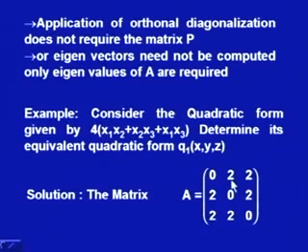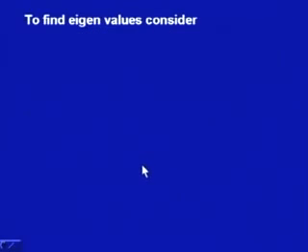Since all the square terms are absent, the diagonal will be 0, and it is 2 here and 2 here corresponding to x1 x2, and this 2 and 2 corresponding to x1 x3, and this 2 and this 2 corresponding to 4 times x2 x3. So this is the associated matrix with this quadratic form.